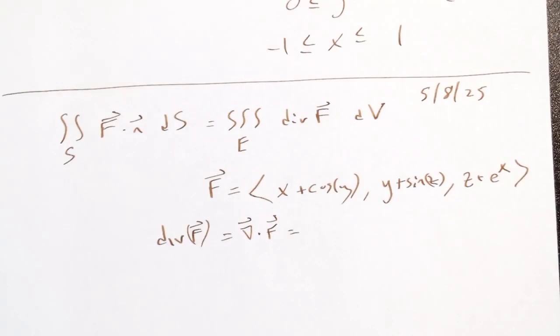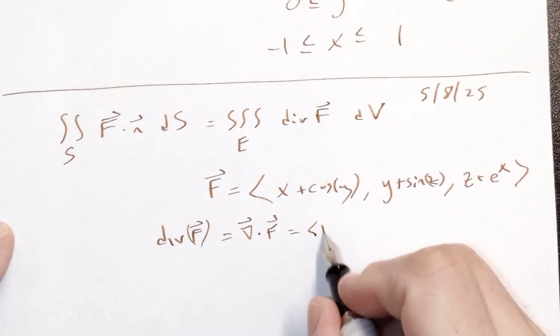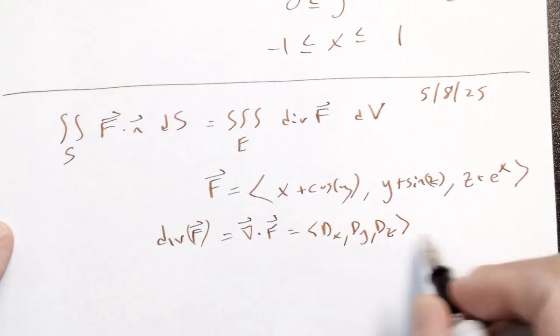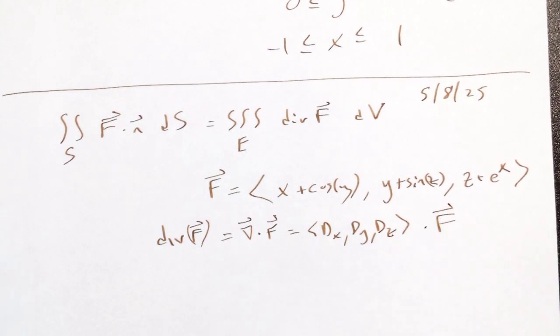Just like we can write the curl as that cross product, I can write the divergence as a dot product, where that nacho vector field is the dx, dy, dz. So this means I have to take the x derivative of which part?